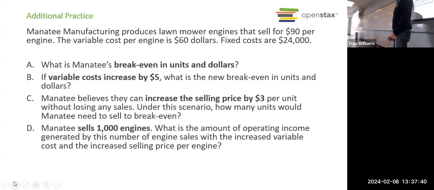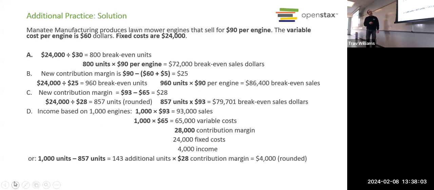What's our new break even in units for these? 960. Okay, and so that was the $24,000 fixed costs divided by the $25 contribution margin per unit, right? And then what does that come out to as a total sales volume? Break even. 86,400.